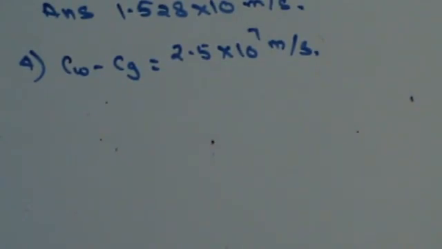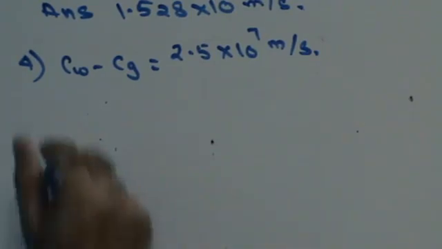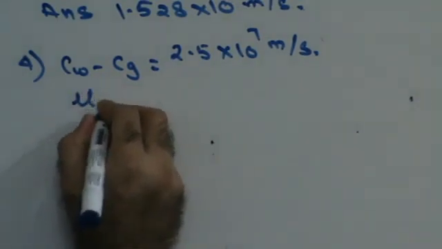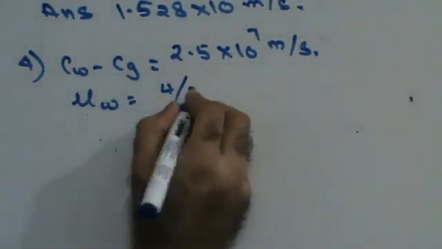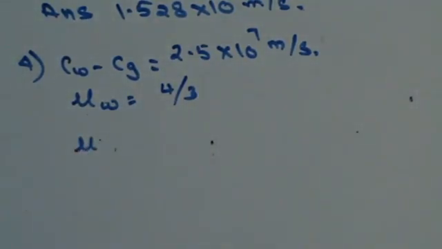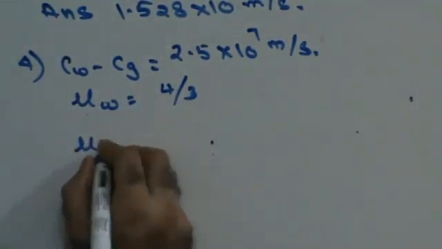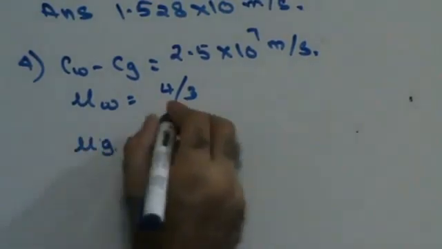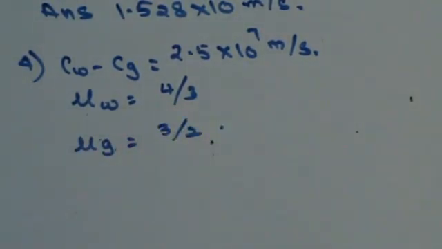Find the velocity of light in air if the refractive index of water is 4/3 and the refractive index of glass is 3/2.